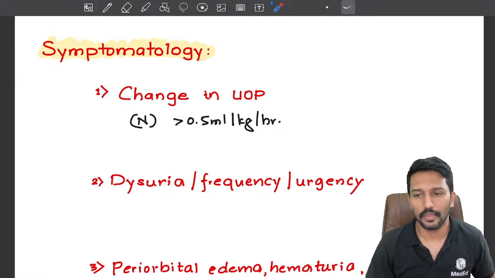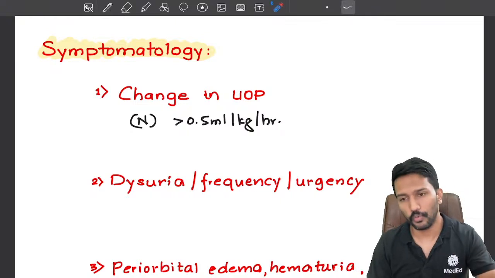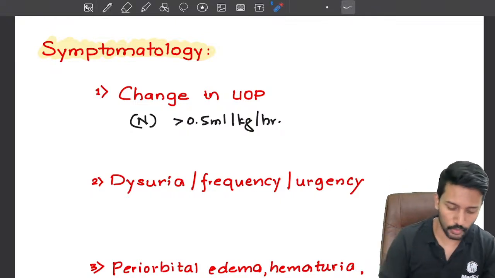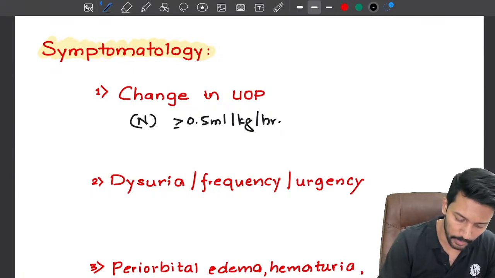Number 1, if there is damage to the kidneys, obviously the kidney's main function is urine output, so there will be alteration in urine output. What is the normal urine output? Normal urine output is around 0.5 ml per kg per hour.